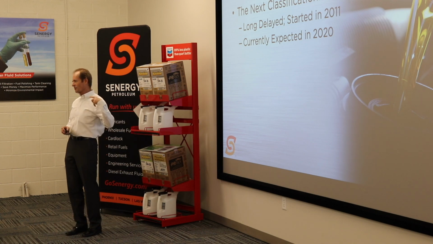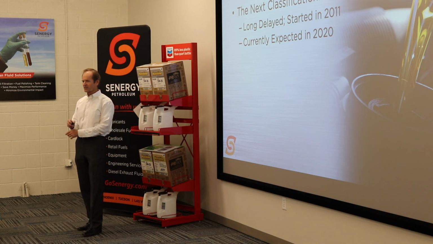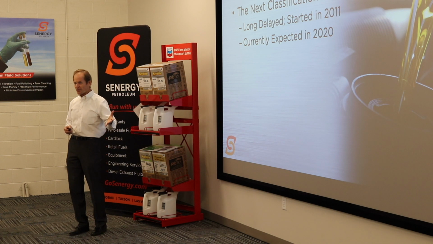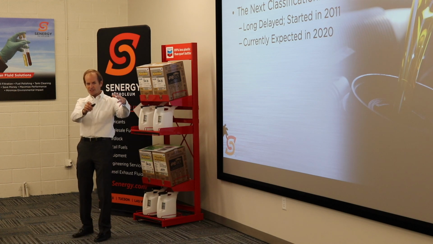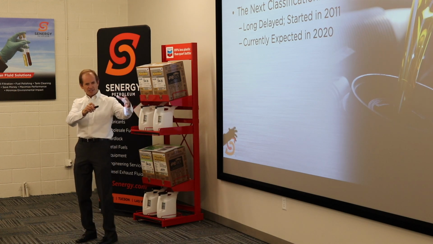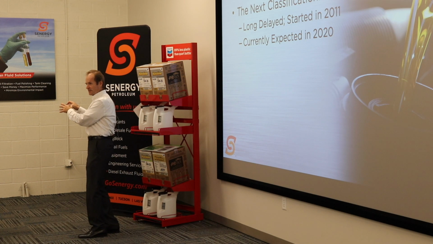Okay, this is all the slow committee stuff going on within the API and the ILSAC group and that kind of stuff. It just passed another hurdle here recently. There was real concern that they had only so many test engines and test engine parts for the new GF6, and suddenly the ACEA decided they wanted to use that same test in their new classification.